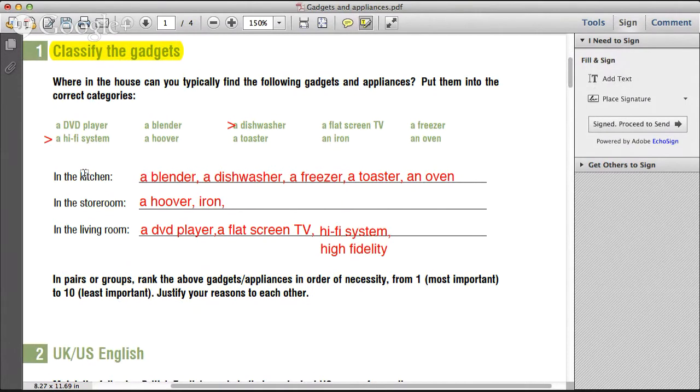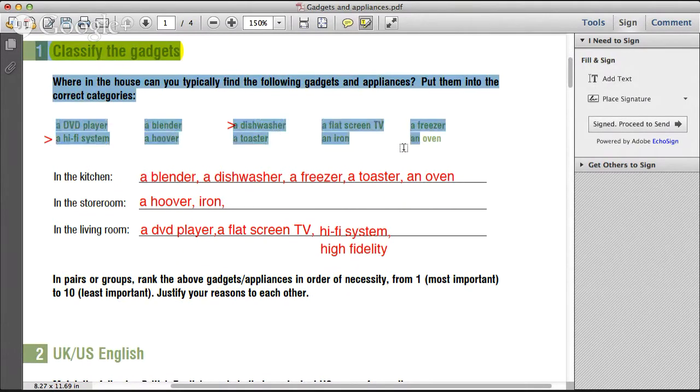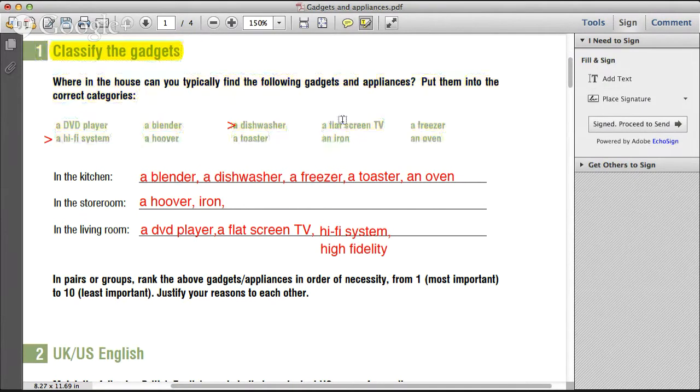Okay. So let's see. Ismail, of our gadgets that are up here, which one do you find most important? For me, I think a flat screen TV is most important. Okay, so flat screen number one for Ismail.